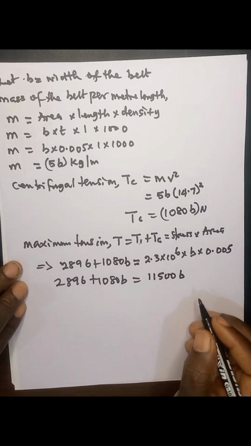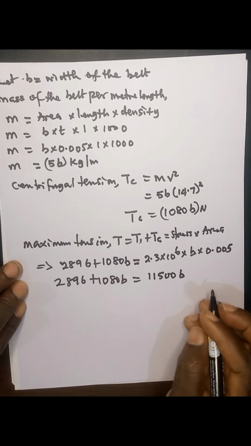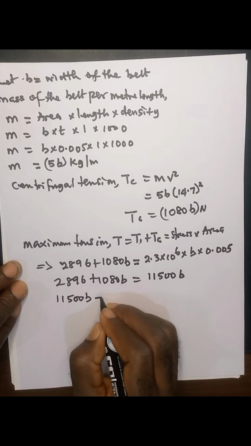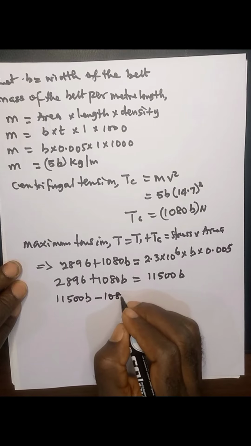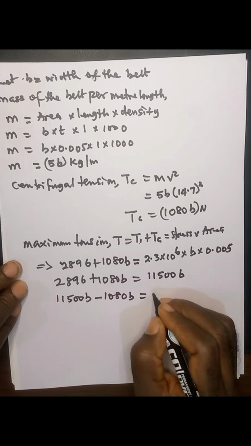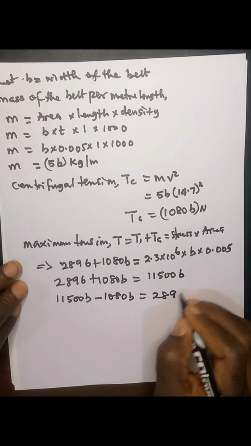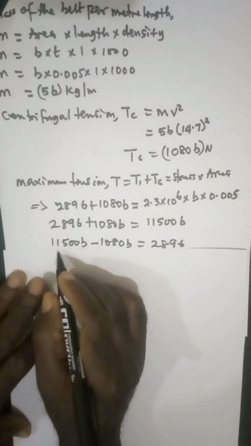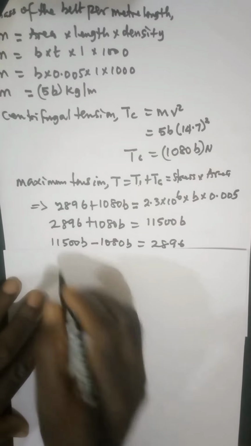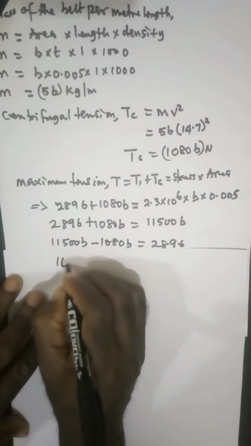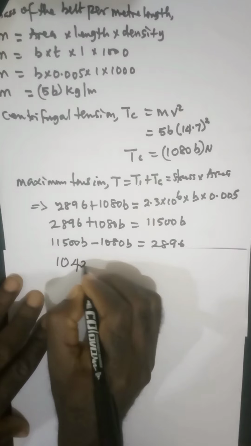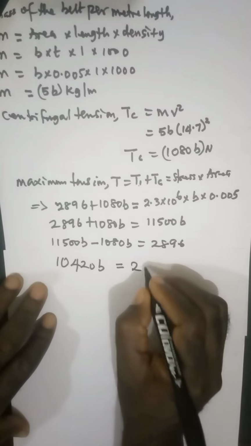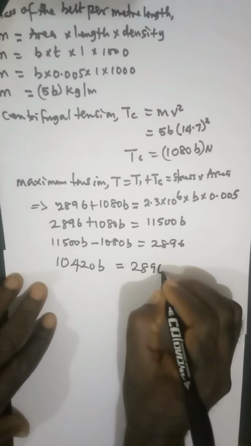We have 11500B minus 1080B is equal to 2896. So when we subtract 1080B from 11500B, we are going to have 10,420B, which is equal to 2896.